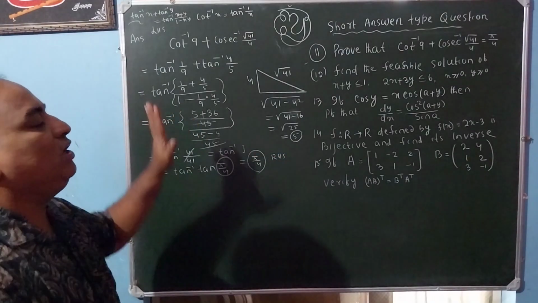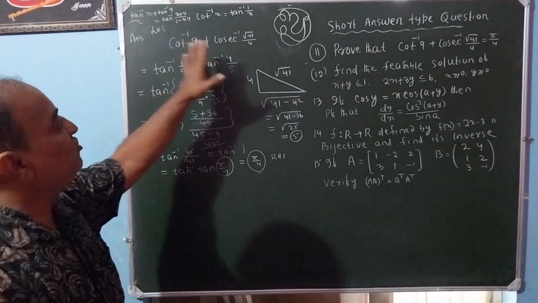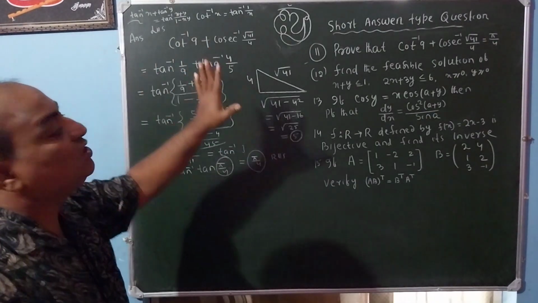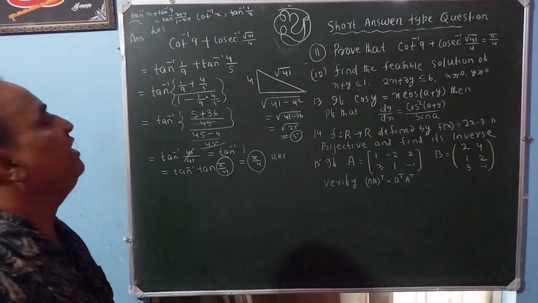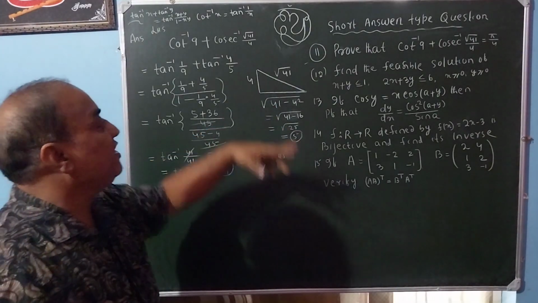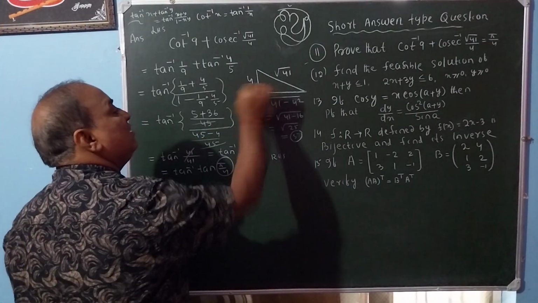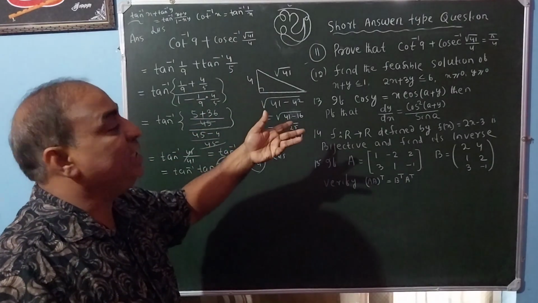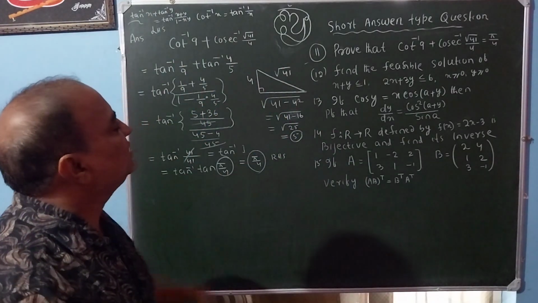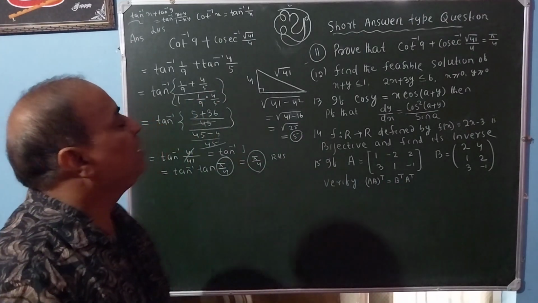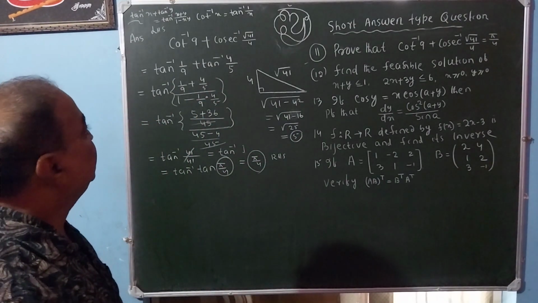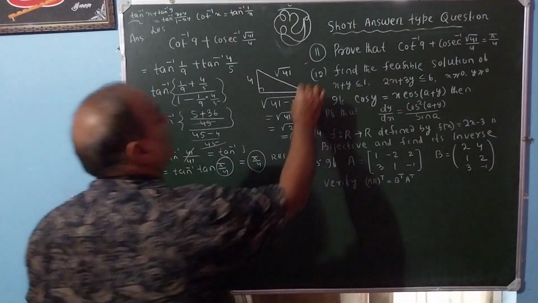First of all, you have to bring the heterogeneous inverse trigonometric functions to homogeneous inverse trigonometric functions by using the right angle triangle. This is the technique by means of which inverse trigonometric functions can be converted to any type of inverse trigonometric function. So this is the answer of question number 11.